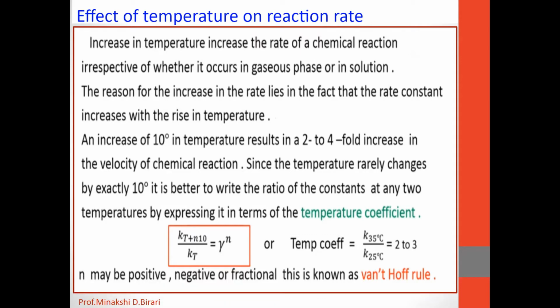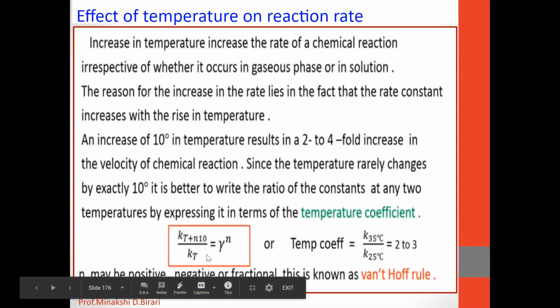It is approximate and has been established for reactions in solution which proceed at relatively low temperatures. With the rise of temperature, gamma does not remain constant and it decreases and tends to unity.